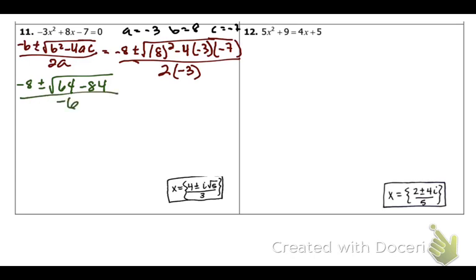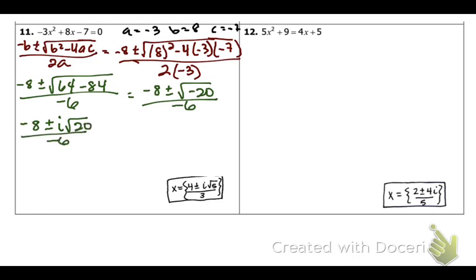Now you're going to do 64 minus 84. That's going to give me negative 20 all over negative 6. But remember, negative 20 is, first of all, there's a negative there. Second of all, 20 is not a perfect square. But you can rewrite this as negative 8 plus or minus i square root of 20 over negative 6.